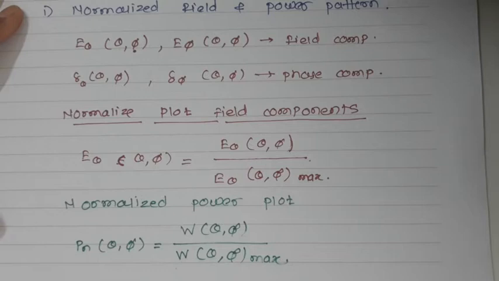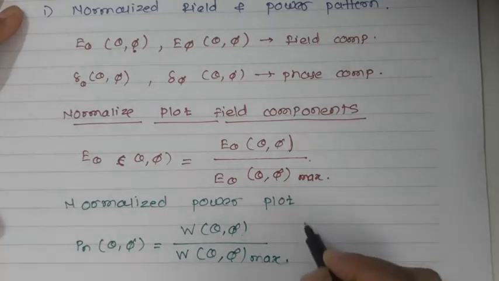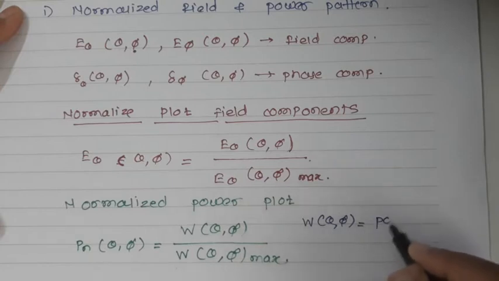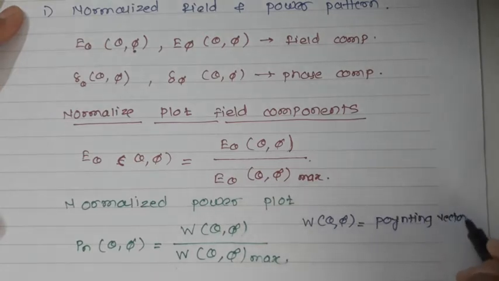Here W (theta, phi) will be the Poynting vector.